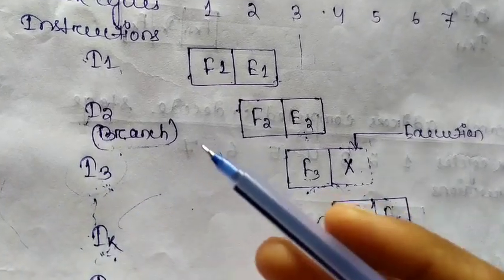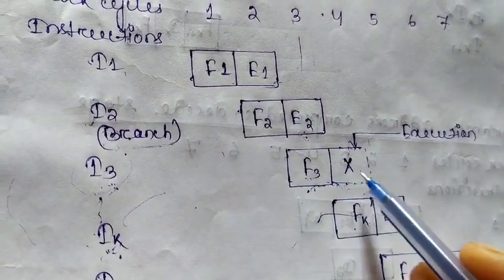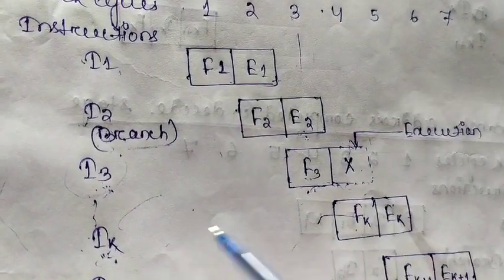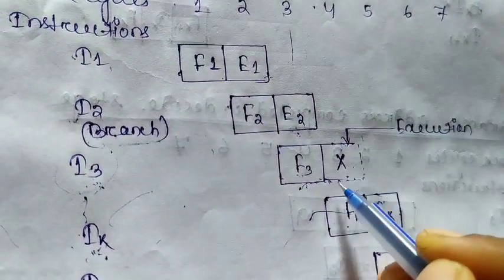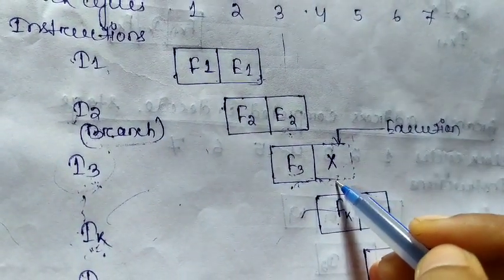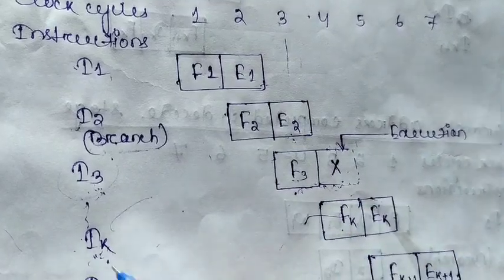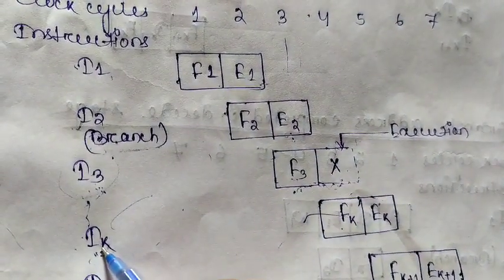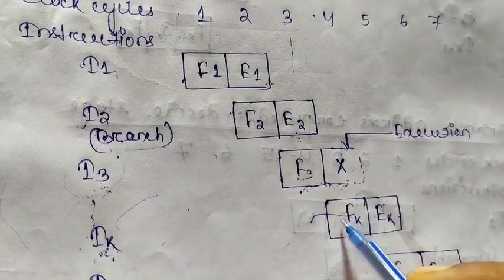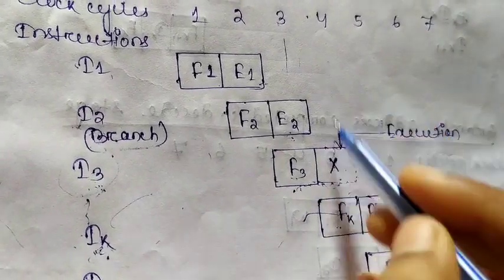So the processor will discard this I3 instruction in the 4th clock cycle, and at the same time we could not execute IK as it is only fetched in the 4th clock cycle.